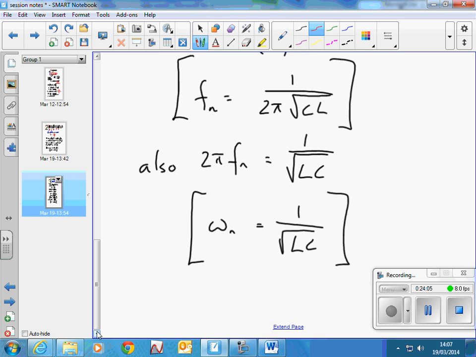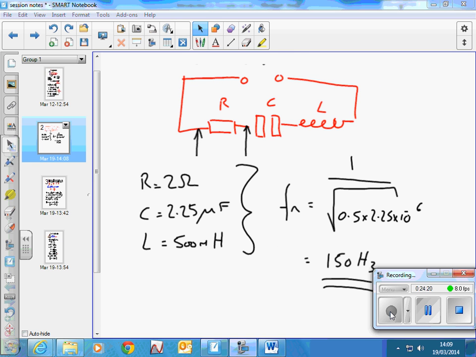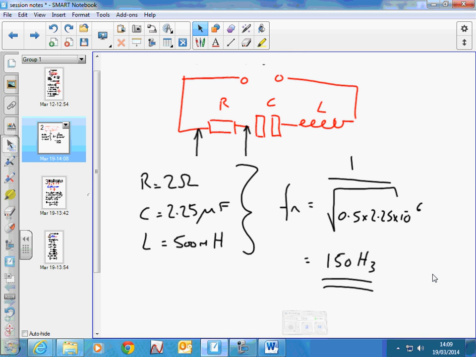So what I wanted to do now is use this formula and the values in the circuit we had to find out what the natural frequency of this circuit is. And I'll just pause while you do that. So for our circuit, where we had R equals 2 ohms, C equals 2.25 microfarads, and L is 500 millihenries, put those values into that formula we had.